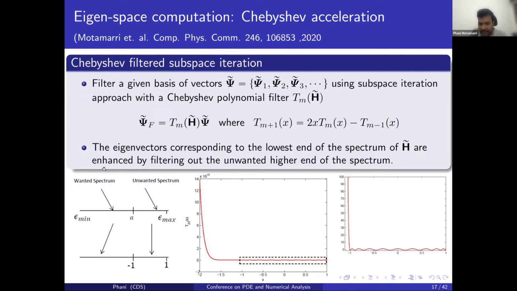In DFT, we are interested in the lowest end of the spectrum, which is to the left of A. We are interested in this wanted spectrum, and you have an unwanted spectrum, which arises solely because of your discretization. This unwanted spectrum is mapped between -1 and 1, and the wanted spectrum is mapped to the left of -1. Because Chebyshev polynomials grow very fast left of -1, you are exploiting the fact that you dampen the unwanted spectrum and magnify the wanted spectrum, which results in very fast convergence of the eigenspace.